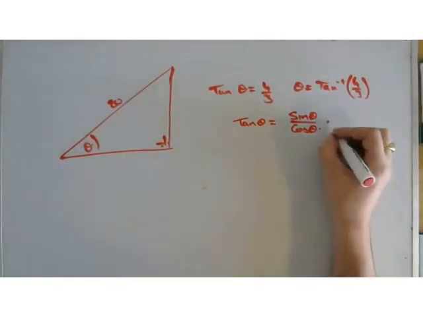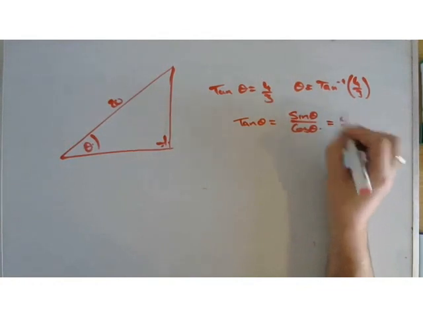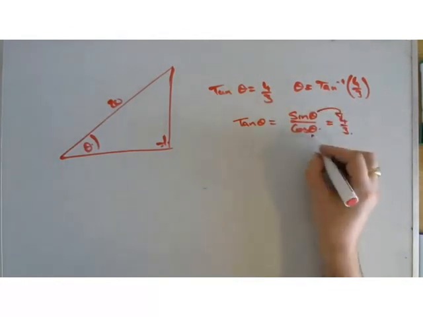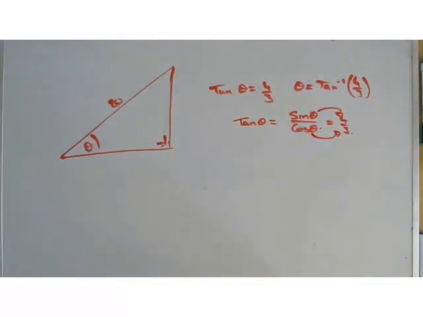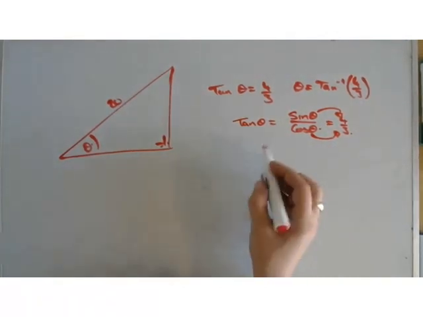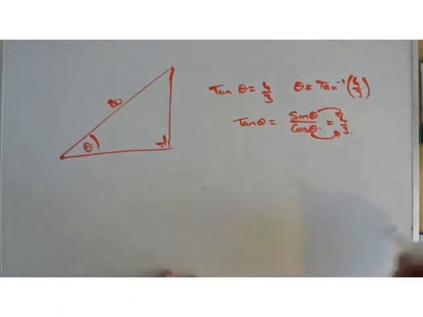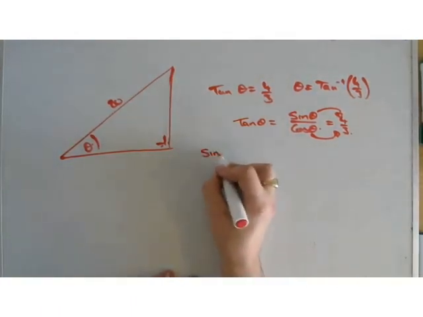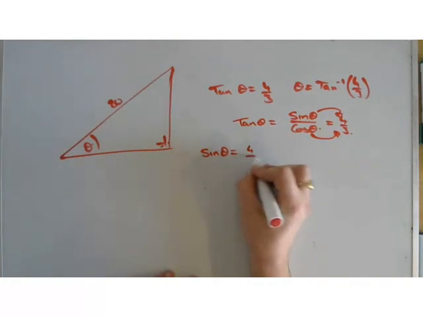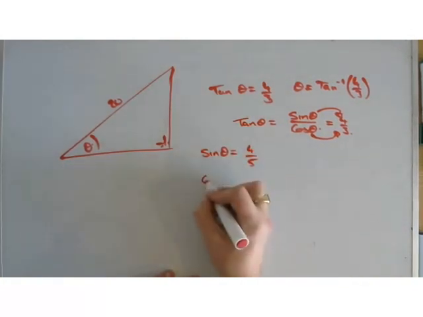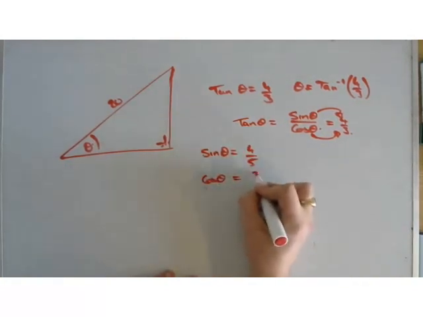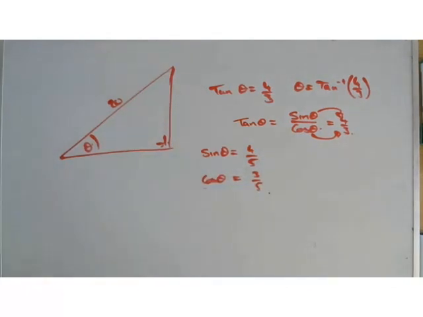So what this means, in essence, is that the sine takes the 4 and the cos takes the 3. So from here, I can say that I know it's a 3, 4, 5, so the other side is 5. Sine theta is 4 over 5. And cos theta is 3 over 5.